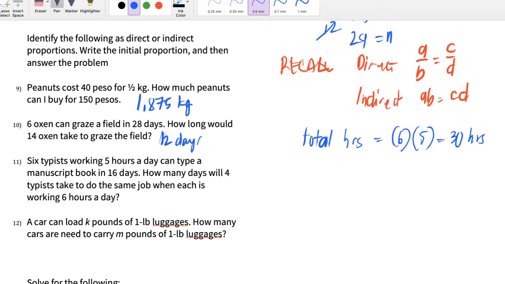Okay? So, 6 times 5 over, hindi pala over. Kasi meron tayong indirect proportion dito. So, 6 times 5 times 16 is equal to, hindi natin alam kung how many typists. So, X, ilang hours sila nag-work? 6 hours.